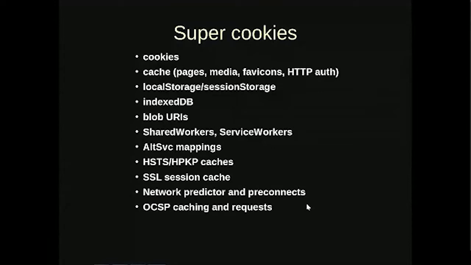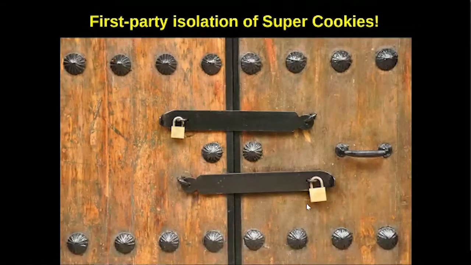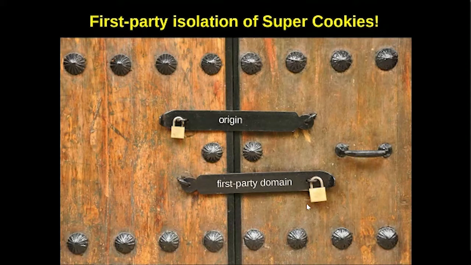But it turns out that the double key method is a good way of stopping all kinds of super cookies. So basically, instead of only keying all of those things by origin, which is what is typically done, we always include the first party domain.